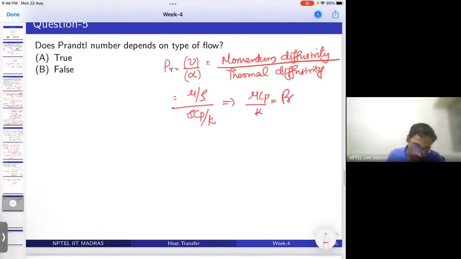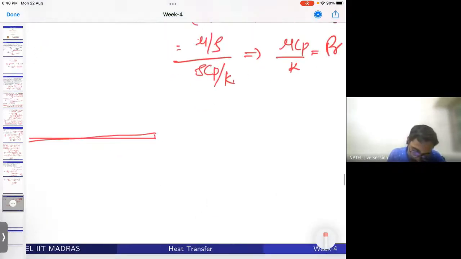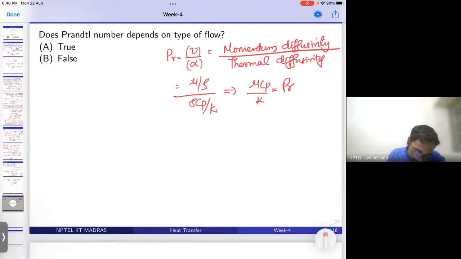So I am having three situations. This is a plate.